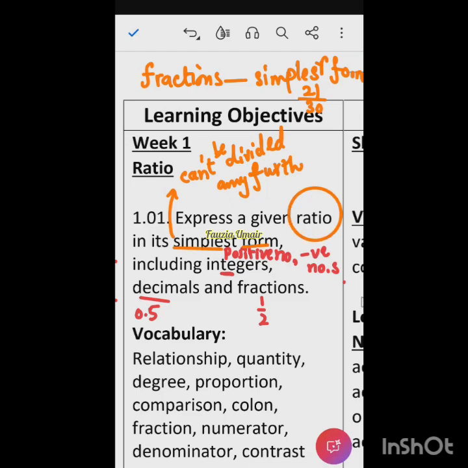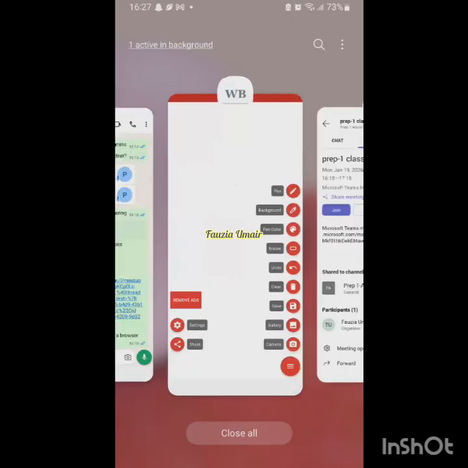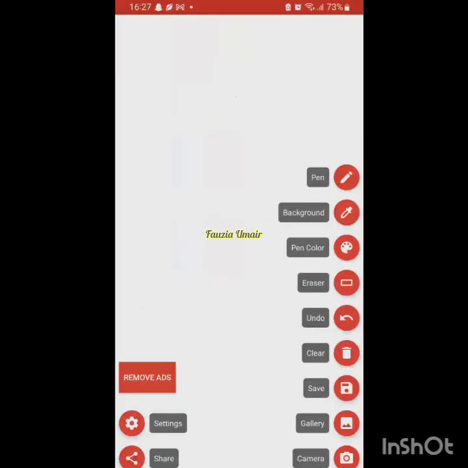ठीक है. सो नाउ लेट्स टॉक अबाउट रेशियो. कि रेशियो है क्या, रेशियो का मतलब क्या है, रेशियो की क्यों जरूरत है. So let's discuss what this concept in math, ratio, is, and why we need ratio. Do you have an idea what ratio is in mathematics? Why do we need it? To compare things, to contrast how much.